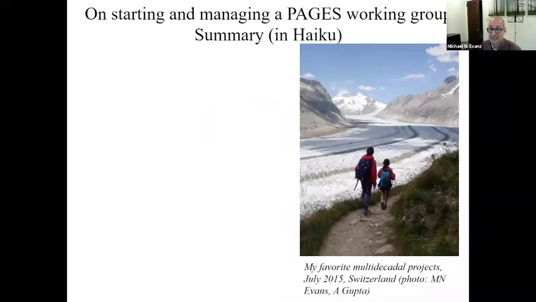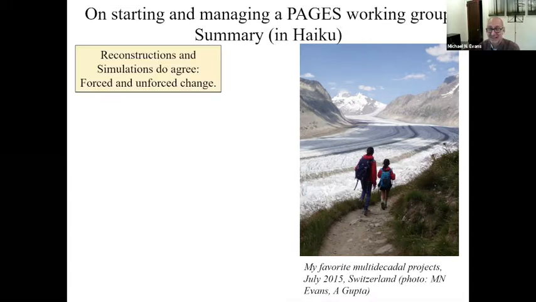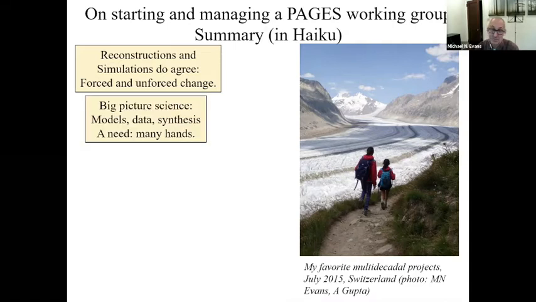Here's a summary in haiku, along with some photos of my favorite multi-decadal projects, my daughters. Starting with a haiku of that Neukom et al. 2019 paper. And then a little bit about the motivation for PAGES working groups.